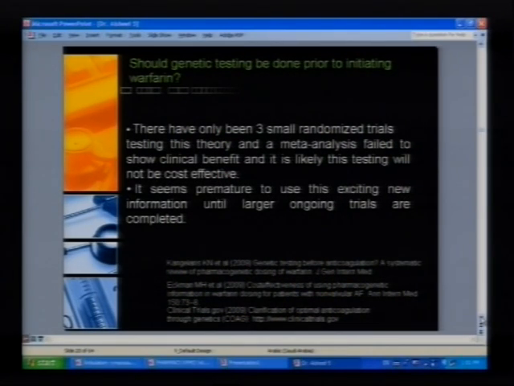It seems premature to use this exciting new information until larger ongoing trials are completed. There is an ongoing trial called COAG, Clarification of Optimal Anticoagulation through Genetics. It's still under recruitment and will be completed by 2012. By then we can draw a firm conclusion.